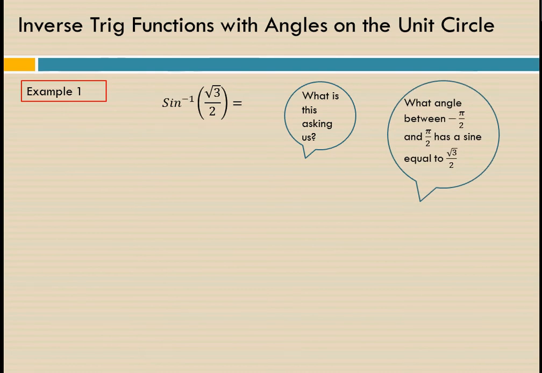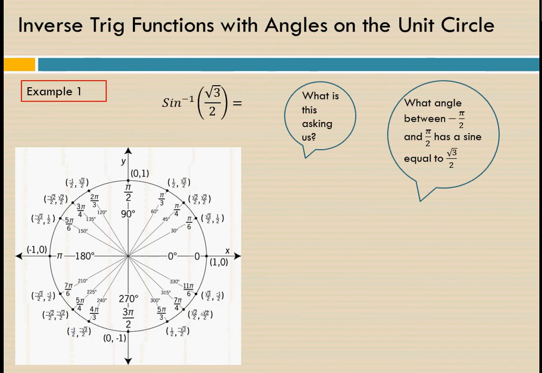When we ask sine inverse of square root of 3 over 2, we're asking what angle between negative pi over 2 and pi over 2, because remember, that's the range of the sine inverse, has a sine equal to square root of 3 over 2?